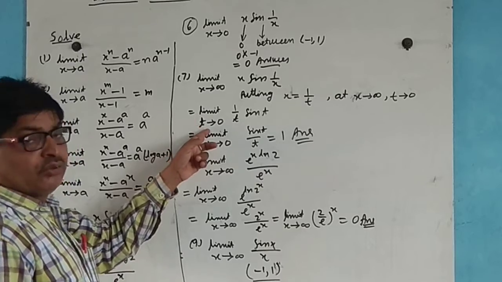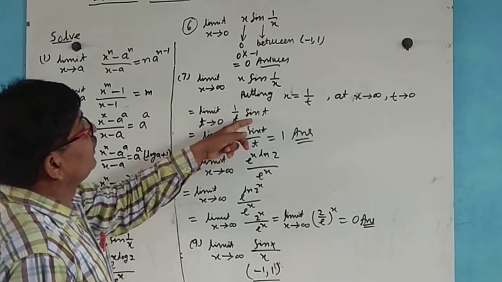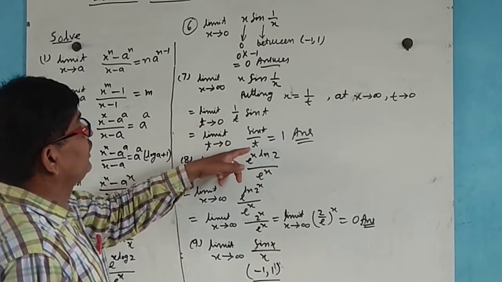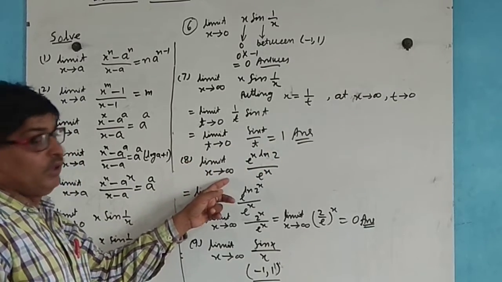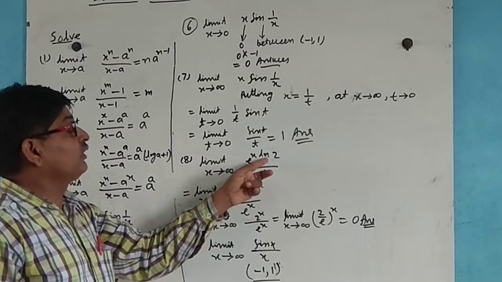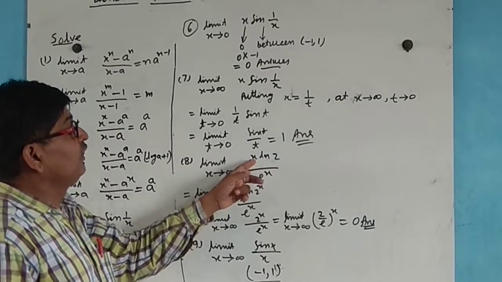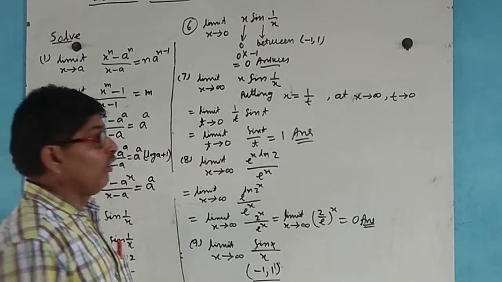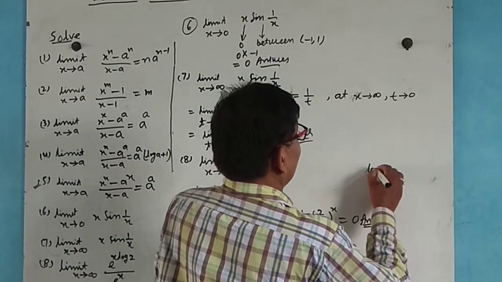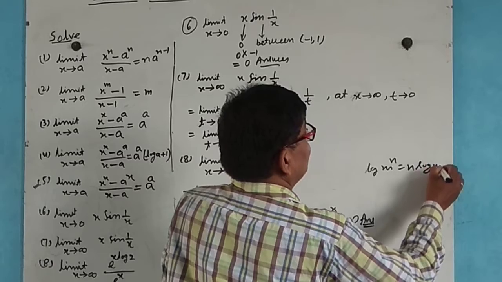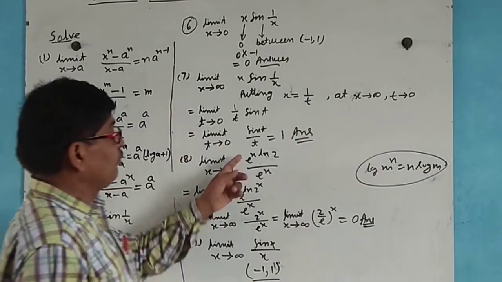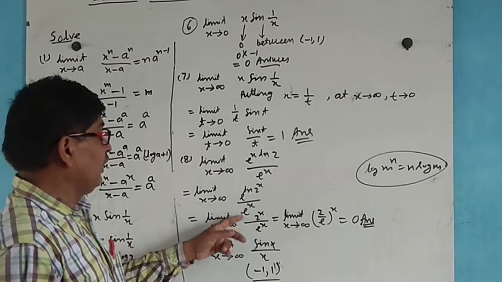Limit t tends to 0, 1 by t into sin t by t, this is equal to 1, and limit x tends to infinity, e to power x log 2 divided by this, log m to power n equals n log m, with the help of this formula, this and e to power x.